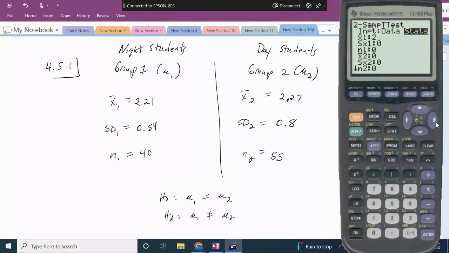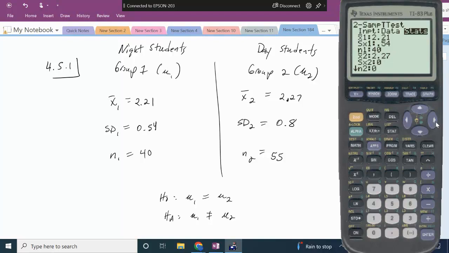For X bar 1, that's 2.21. The standard deviation is 0.54. The sample size is 40. The mean for group 2, which is the day students, is 2.27.